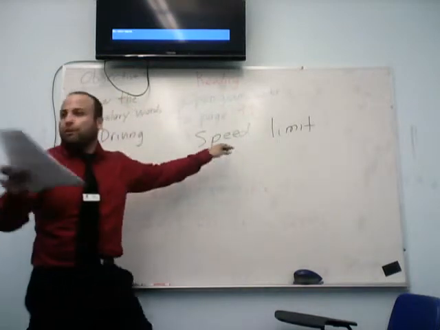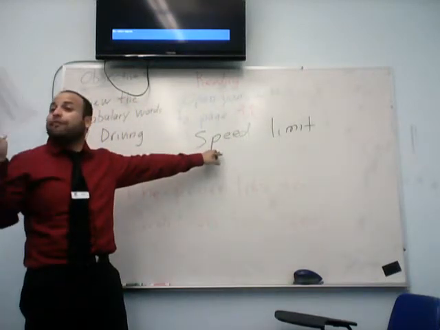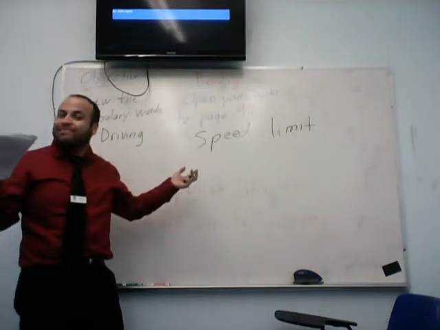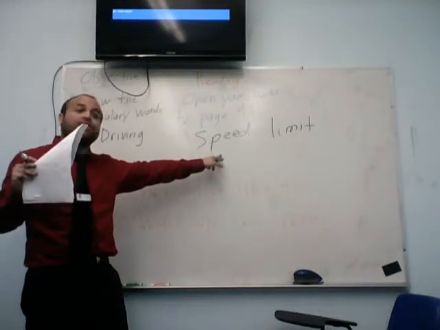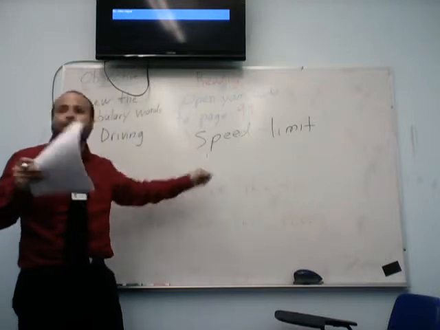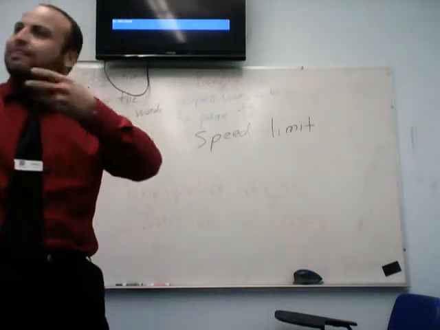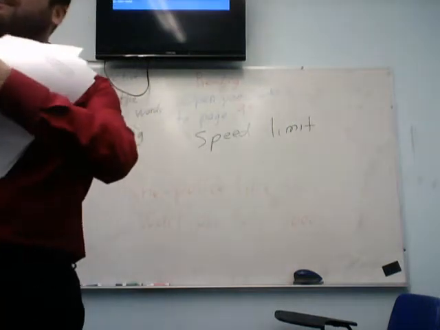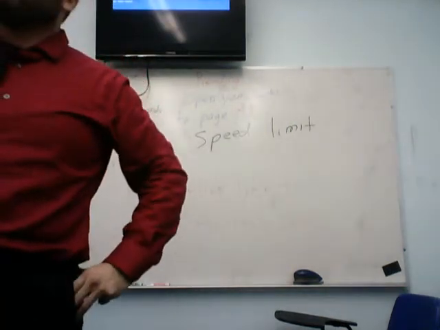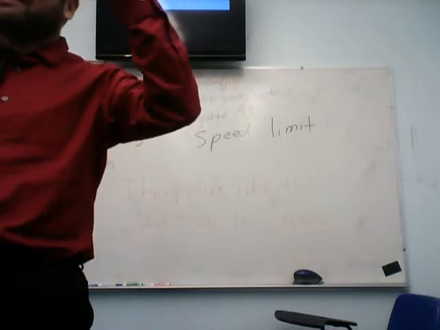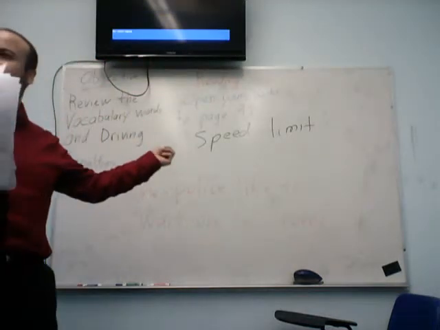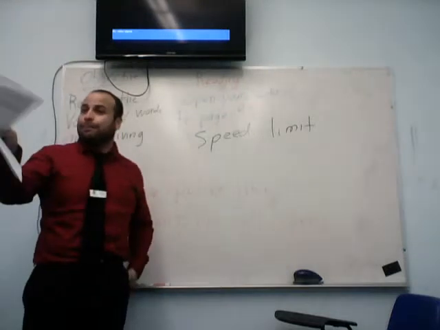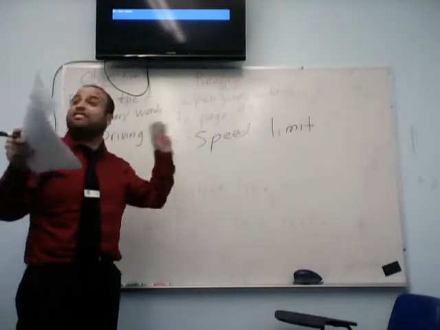Good. So we have the word here, vocab word. Everybody, speed limit. What does that mean? How fast you can go. So how could you use this in a sentence? That's true. A camera can take a picture. That's a good example. They can stop you.